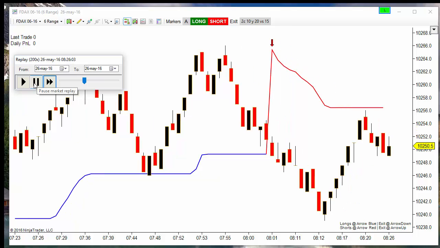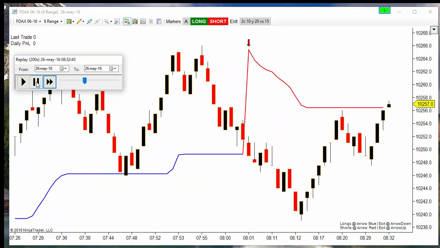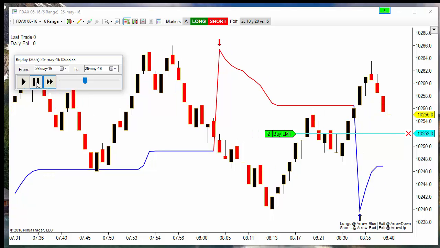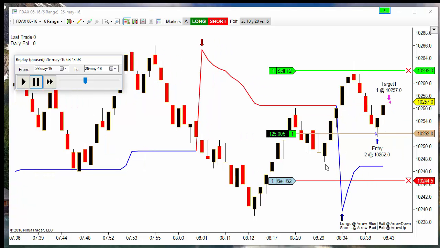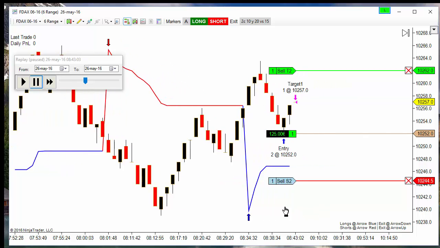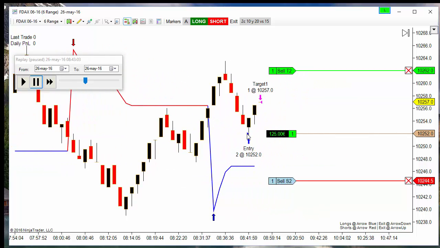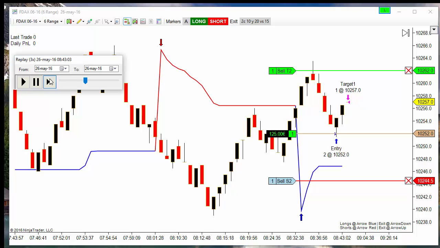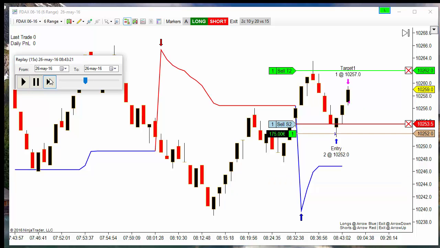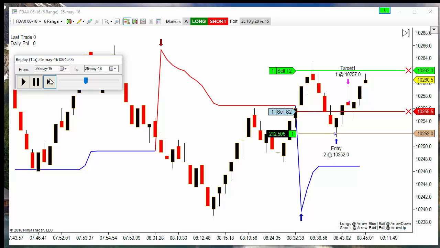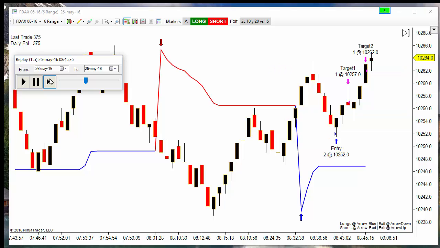Again, the order is cancelled. We are looking for fast fills. If we don't get a fill like now, we have a retracement, a fast retracement. So we get a fill and a target one and trailing stop. Target filled.